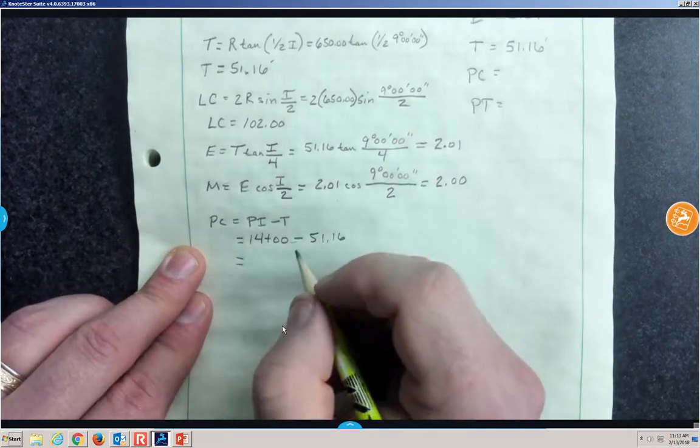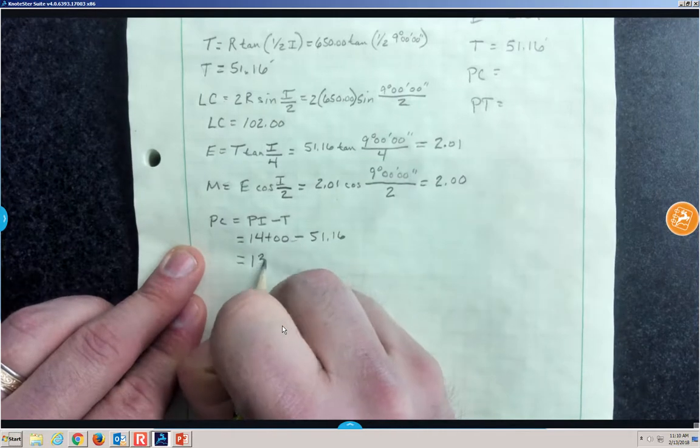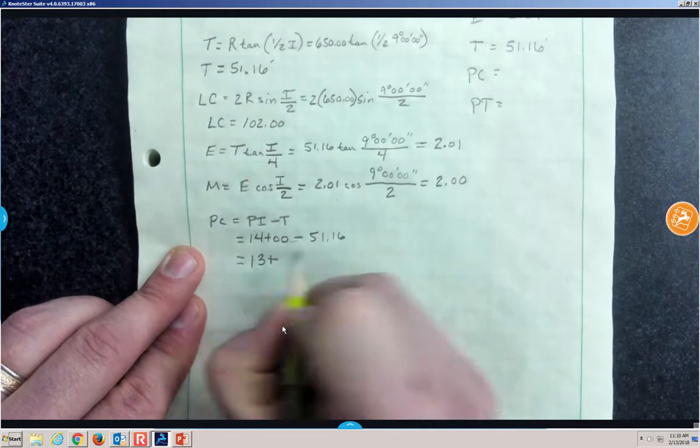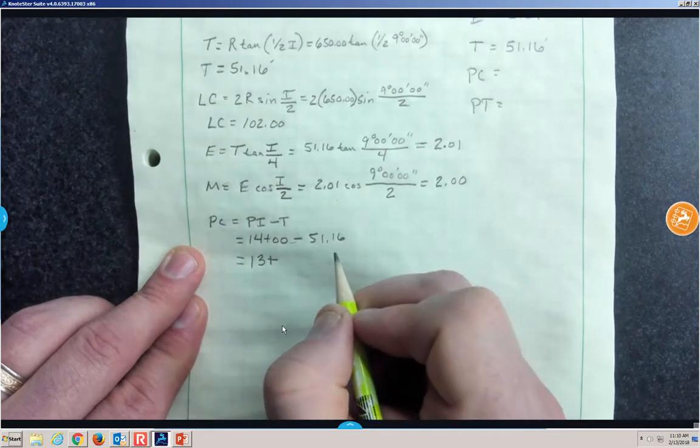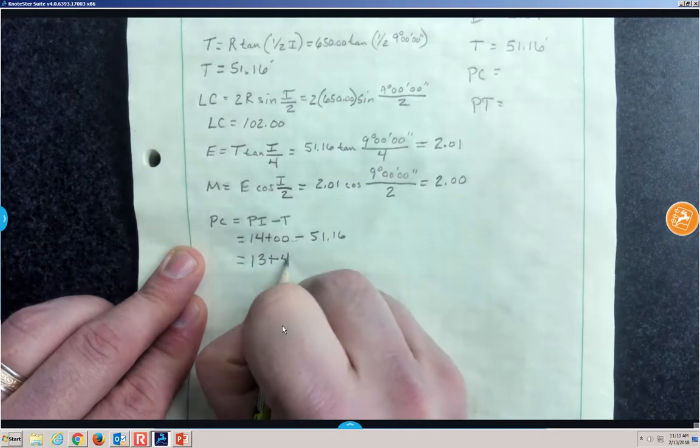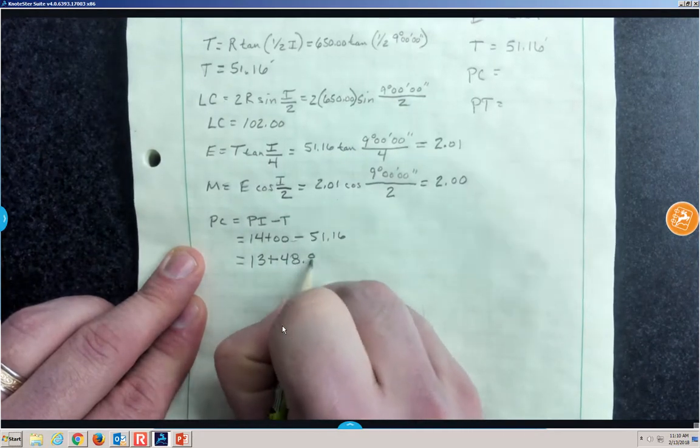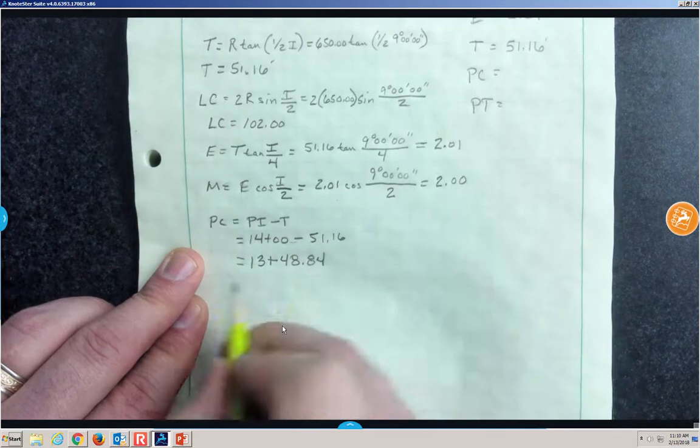Okay, so what does that come out to be? 13 plus 48.84. So that's our PC station.